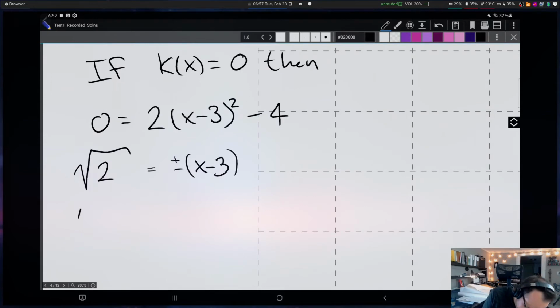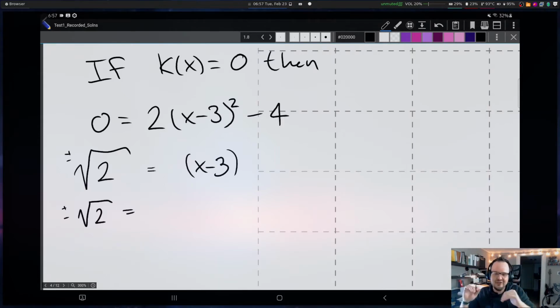Okay, let me just simplify what I have here. I have square root of 2 equals, let's see, plus or minus x. Right, plus or minus needs to go on the other side. This is where it maybe pays to be explicit in your scratch work and actually write all this stuff out.